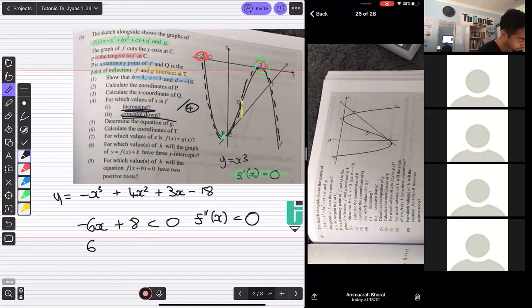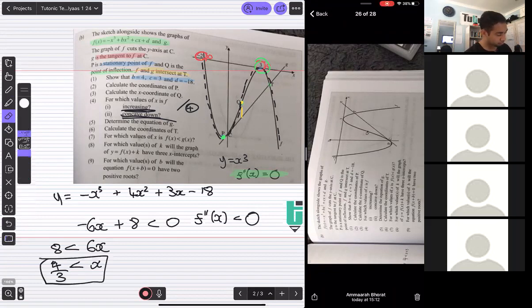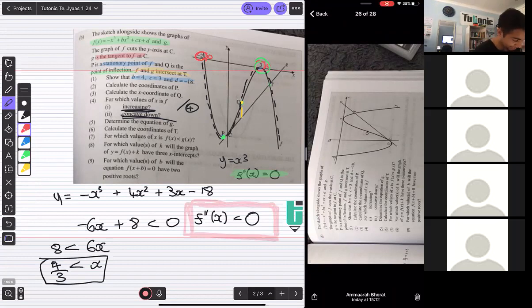So therefore 8 must be smaller than 6x, and then x must be greater than 4 over 3. Do you guys see that? But the only way you would know that is if you knew that the second derivative must be smaller than naught because it's concave down.